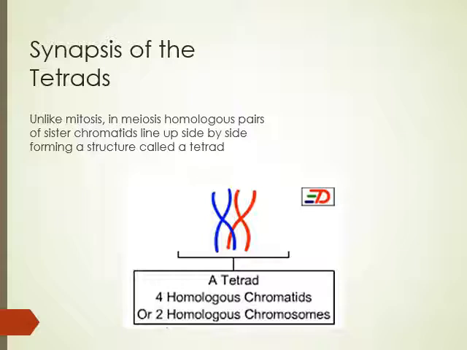In meiosis, it's slightly different because what happens is you start off with two chromosomes. They undergo synthesis. They copy each other. But instead of staying apart, they come together to form a 4-chromatid module called a tetrad, or synapsid, if you want.